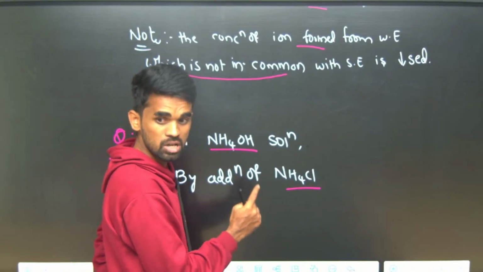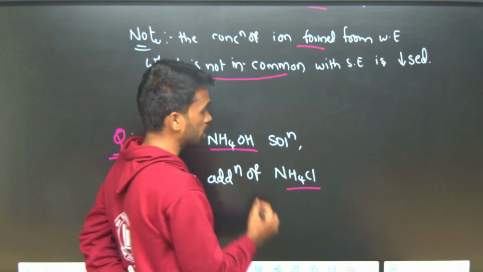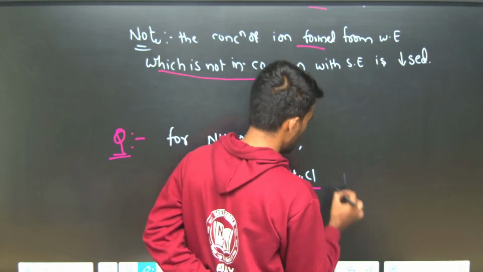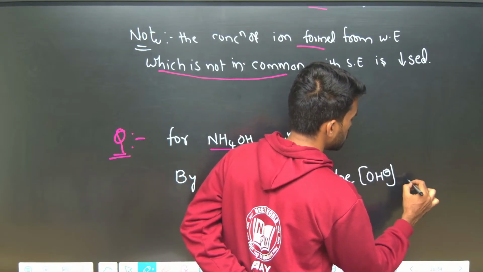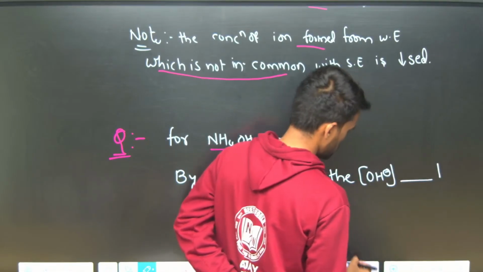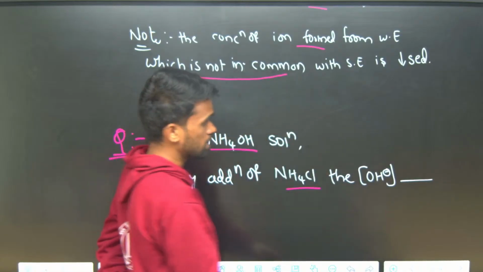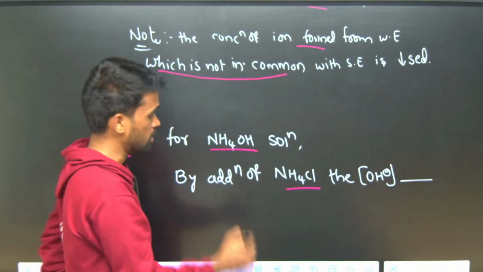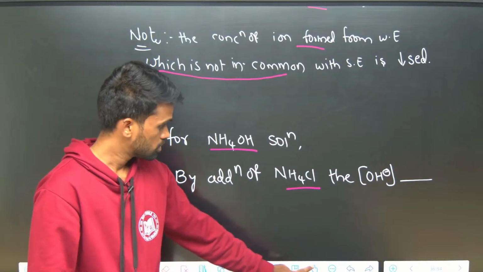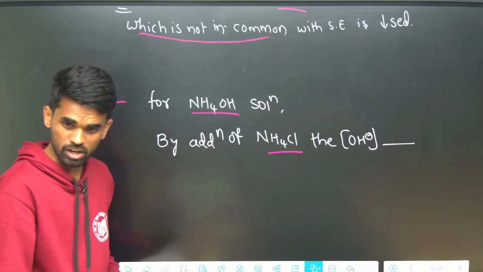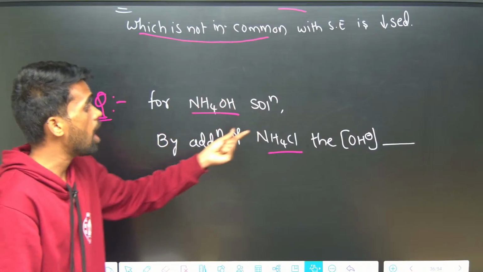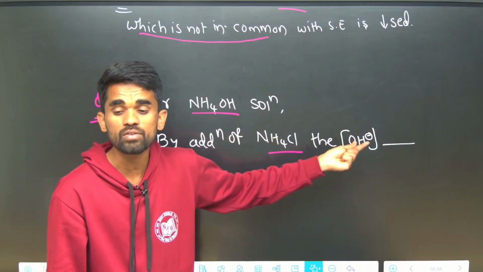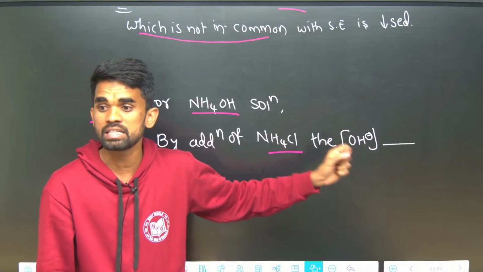Ammonium chloride salt, strong electrolyte. By addition of ammonium chloride, does the concentration of OH minus ions decrease or increase? Is my question clear or not? For ammonium hydroxide solution, by addition of ammonium chloride, will the concentration of OH minus decrease or increase?